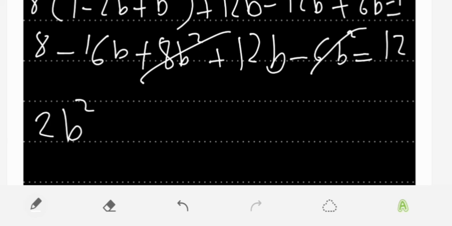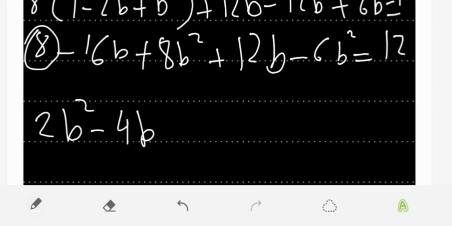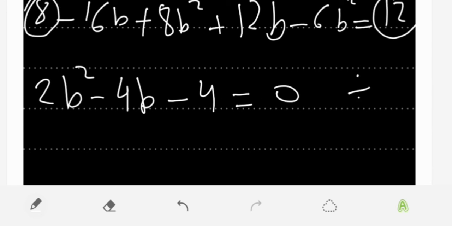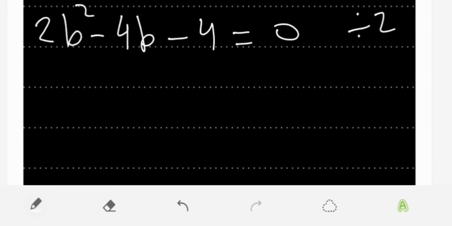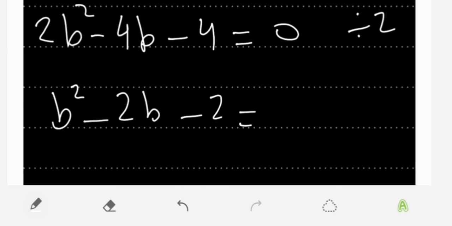This went out. 12b minus 16b is minus 4b, right? Minus 4b. 8 minus 12 is minus 4. So it's equal to 0. Now let's divide everything by 2. So we'll have that b squared minus 2b minus 2 is equal to 0.